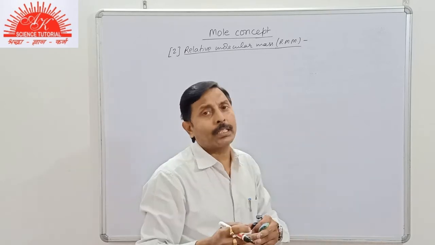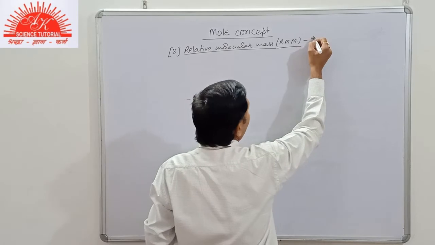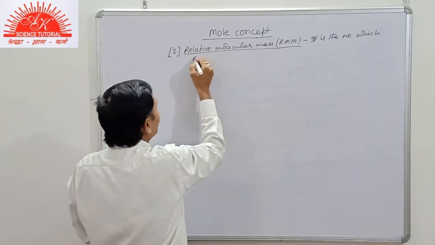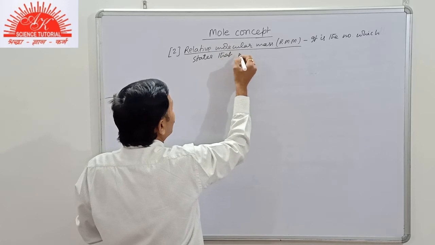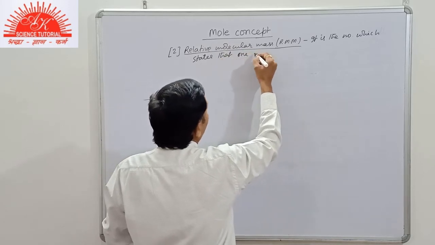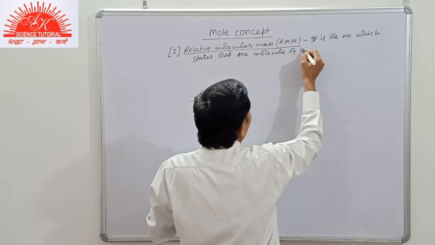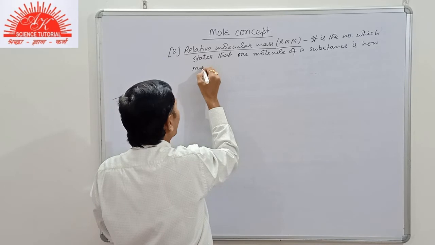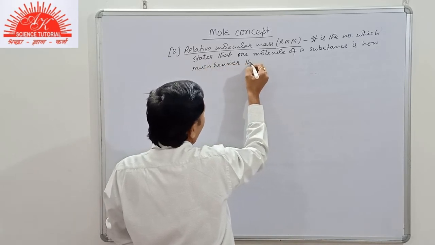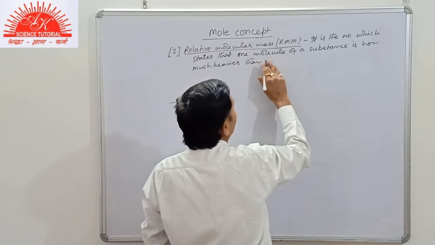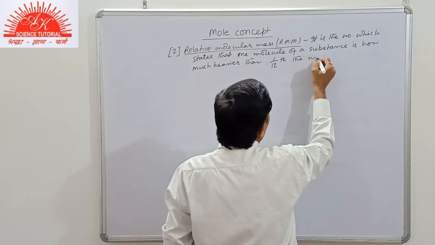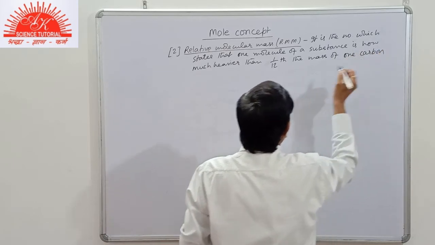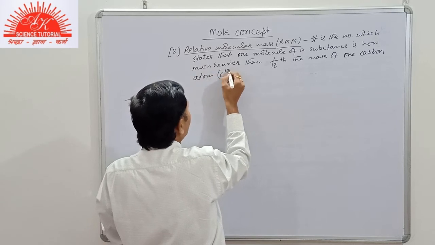So you can use the similar concept that was used for the atoms, that is, it is the number which states how much heavier one molecule of a substance is than 1 upon 12th the mass of one carbon atom, C12.